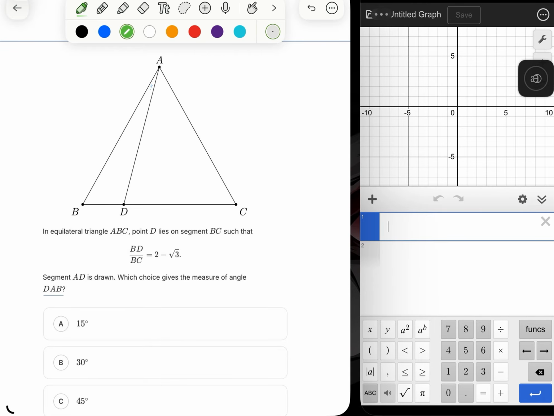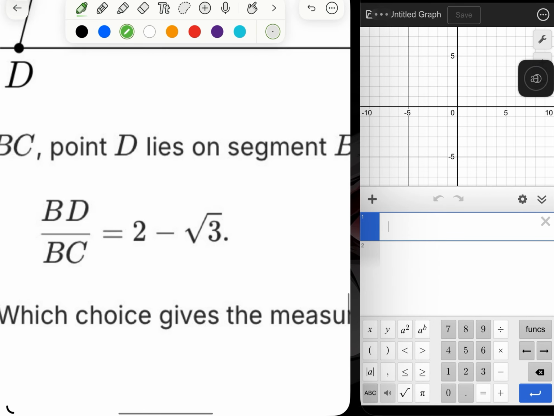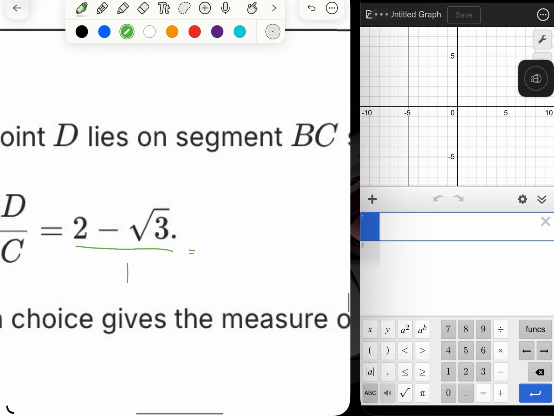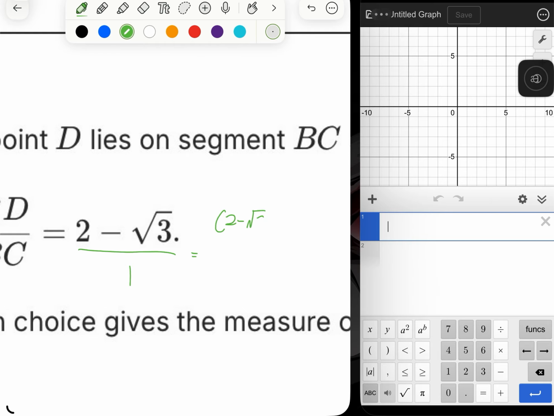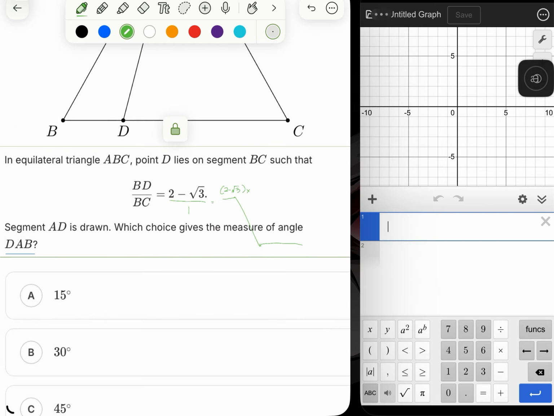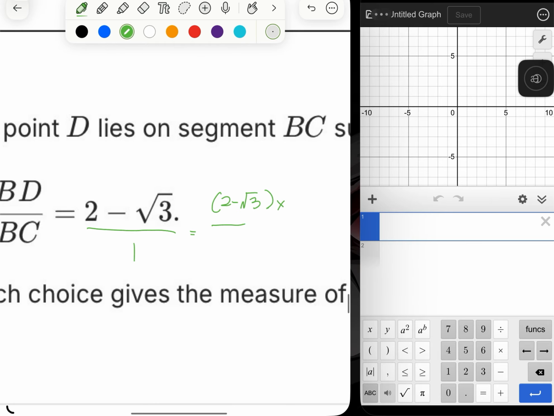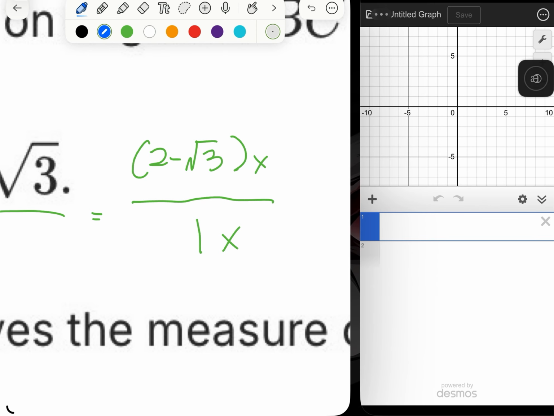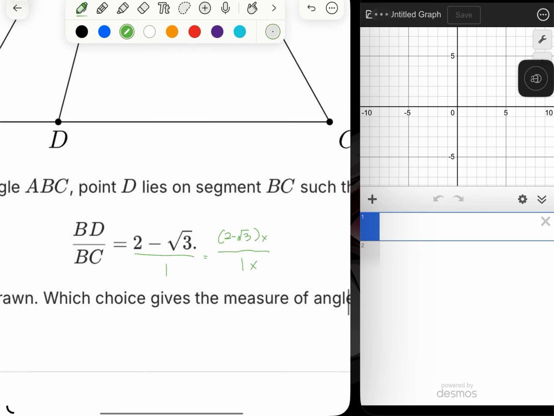What do I mean by that? Well, BD over BC is also equal to 2 minus root 3 over 1. And actually what you can do is say this is 2 minus root 3 x over 1x, because if you think about it, x cancels out. It's really just a scale factor. Now, you might be thinking, why are you doing that?